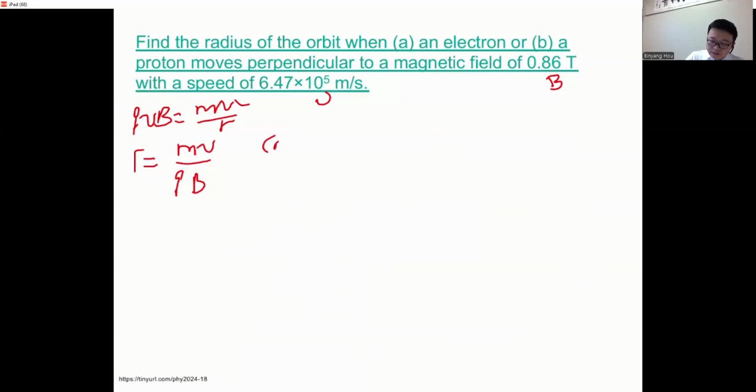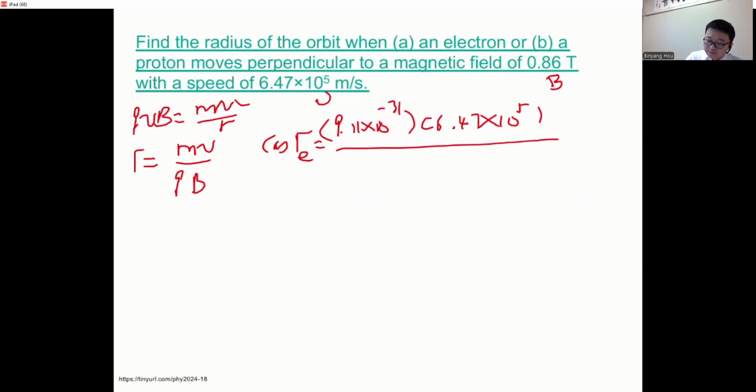So for part A, the radius of the electron should be the mass of the electron, which is 9.11 times 10 to the negative 31, and v is given as 6.47 times 10 to the 5th meters per second, divided by the charge, 1.6 times 10 to the negative 19, and then the B field is 0.86 Tesla.